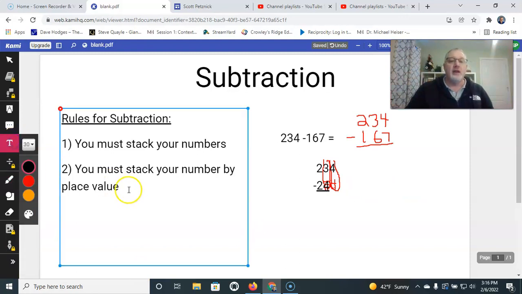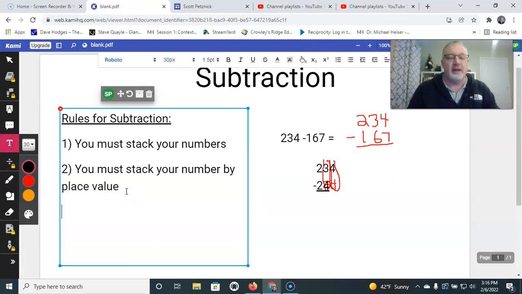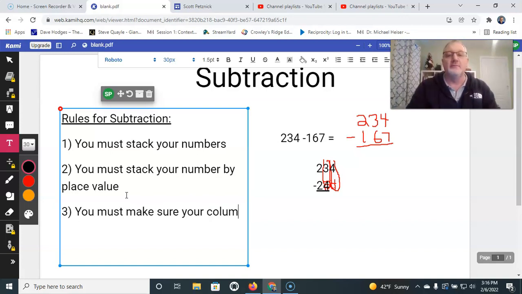Okay? And then the third one tends to be based on laziness and just being sloppy. You must make sure your columns are straight.